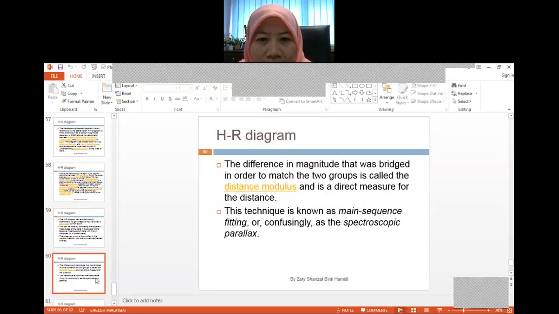This difference in magnitude that is bridged in order to match the two groups is called the distance modulus, and we know it as main sequence fitting, or maybe we can call it spectroscopic parallax.